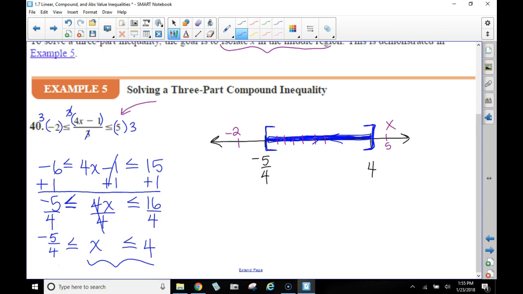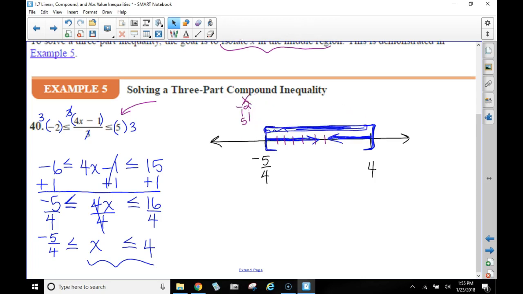If you want to pause the video and do that, you sure can. Okay, but my graph is what I have up here. I'll just leave those little purple marks in there. The graph of my solution set is all these things in between and including -5/4 up to and including 4.